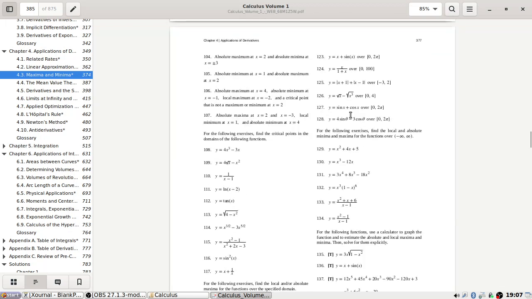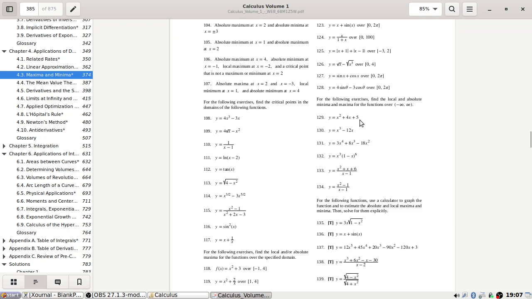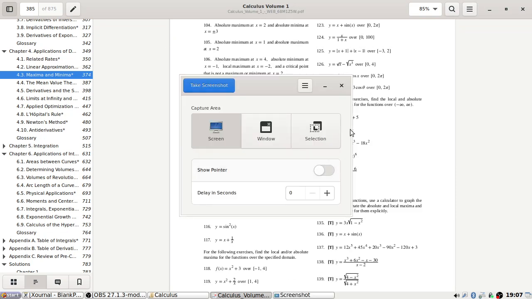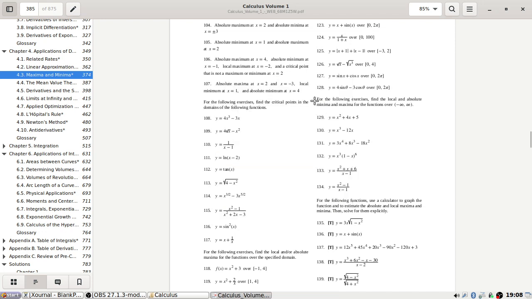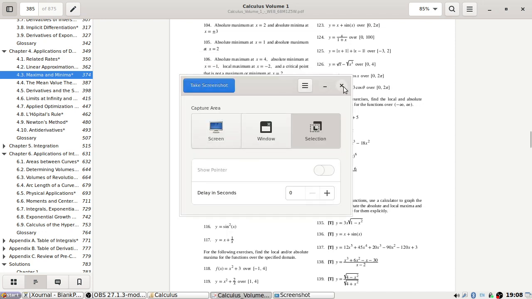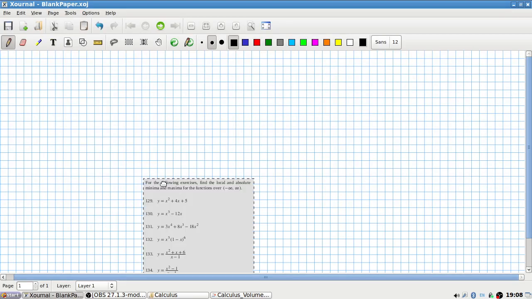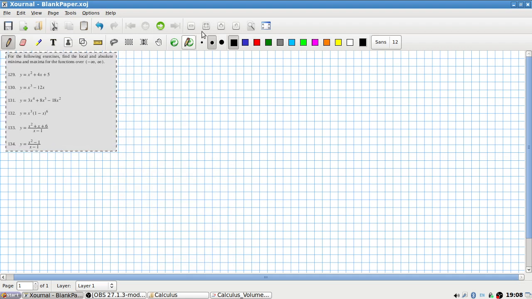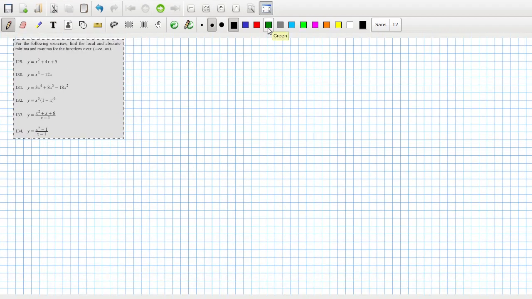Last time, I remember doing the sine cos. I think that's where we finished. So let's do this next batch. Right, let's have a look.